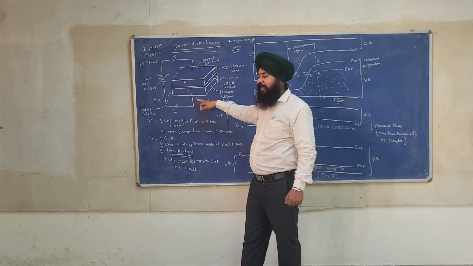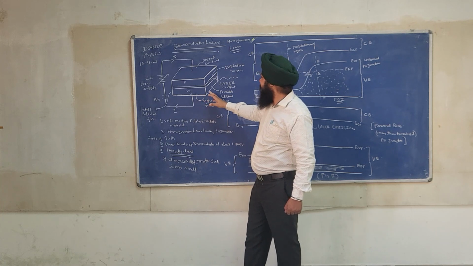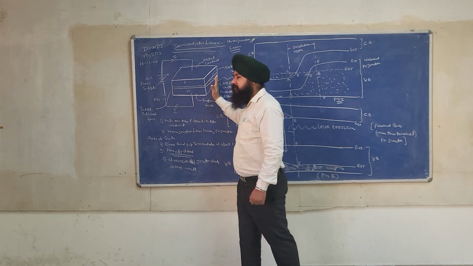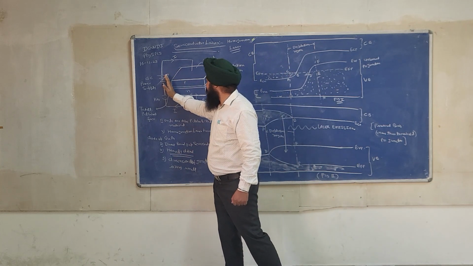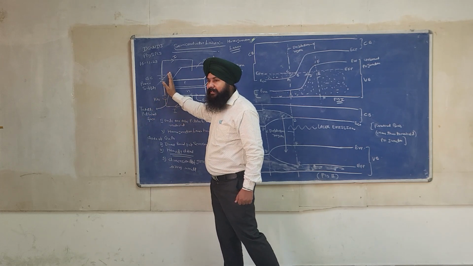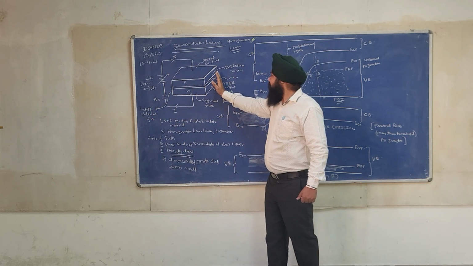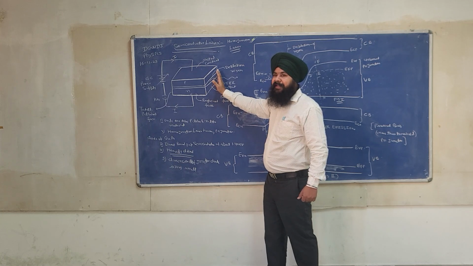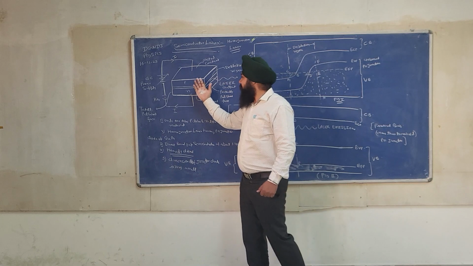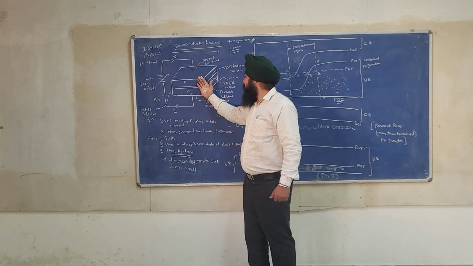Now see this face and this face. This face will work as a totally polished face, and this face will be taken as a partially polished face. What kind of faces do we have left?